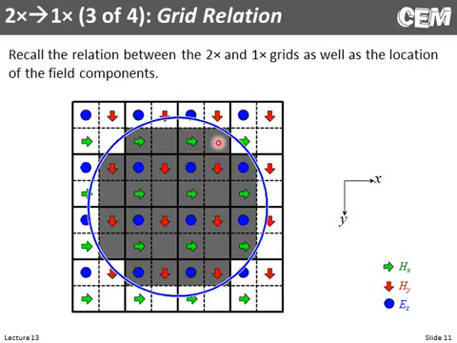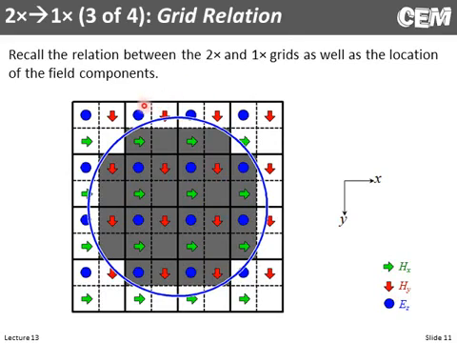So this is a great picture. It shows the dashed lines show the divisions between the 2x grid. The thick black lines show a cell on the 1x grid. And of course we see our field component placement. And then we also show the dielectric cylinder. And we can see now very clearly how when the structure itself slices through the middle of a grid, some components can be inside the material and some can be outside.